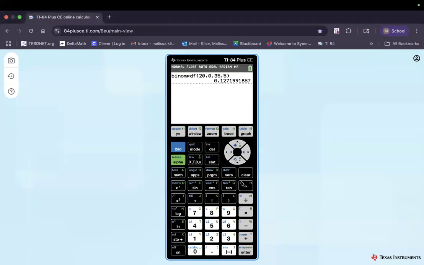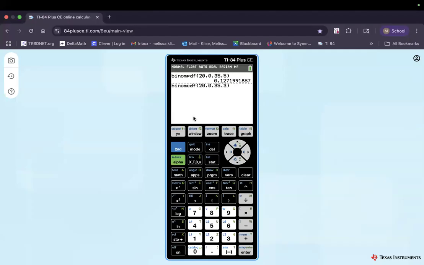Okay, so once again, you do 2nd VARS because we're going to the distributions. Right below PDF is CDF. CDF is cumulative, PDF is precise, so we want cumulative. Number of trials is 20, probability 0.35, and we're doing 3 or fewer for my X value.